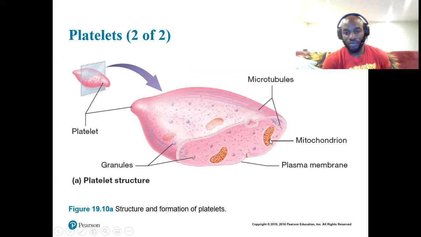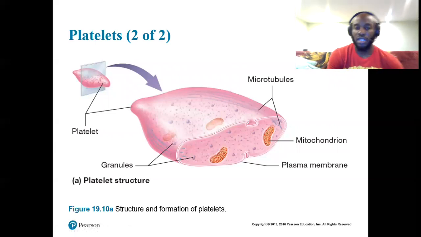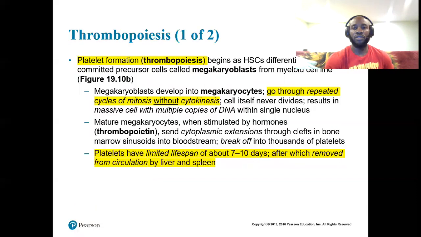Mitochondria, so you have some oxidative catabolism that can happen and some energy can be made, and you have granules which are embedded. Notice there is no nucleus in the platelet structure. They are not going to be going through cell division, and they're also not going to live very long.